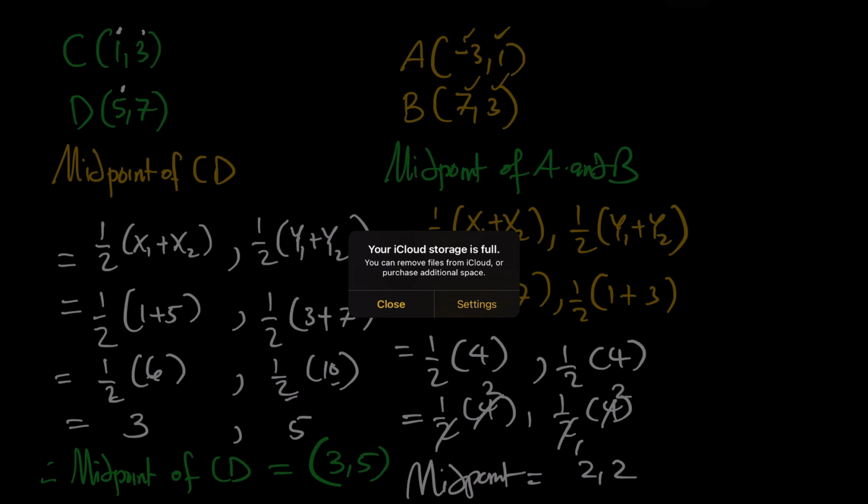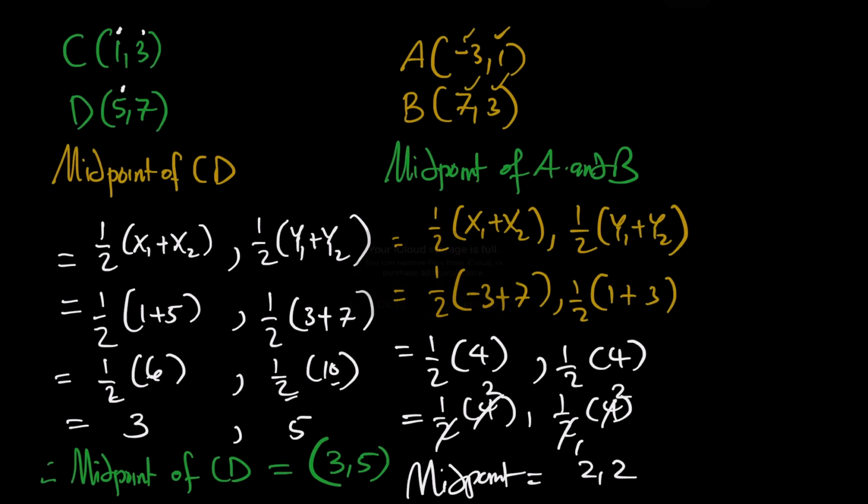Okay, we're going to look at a different question. We're told that we have the point A, and that point A is (7, 3).